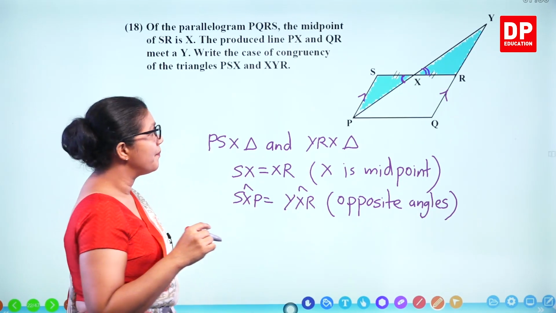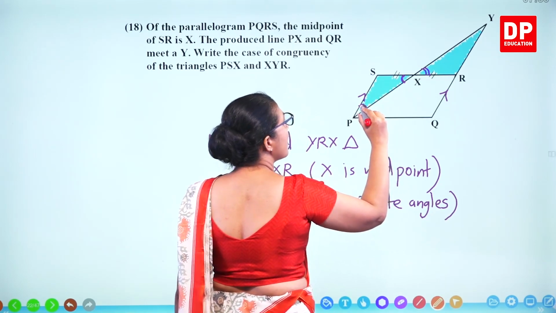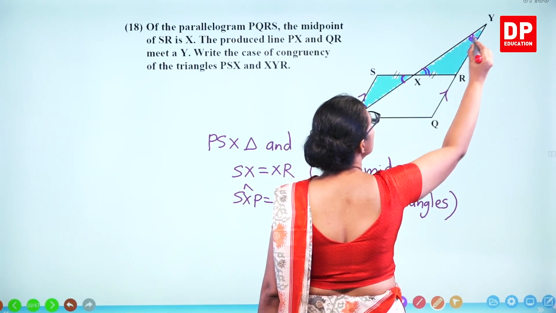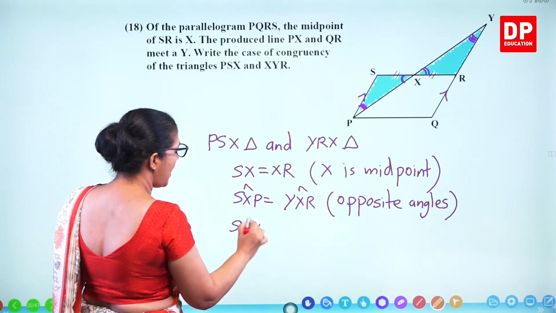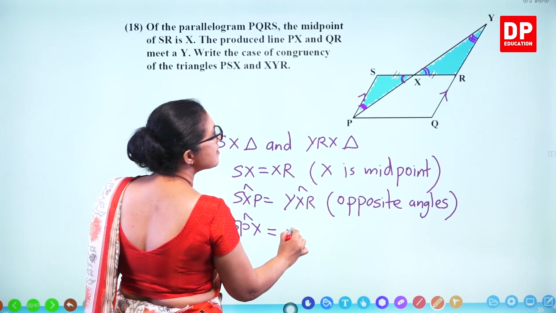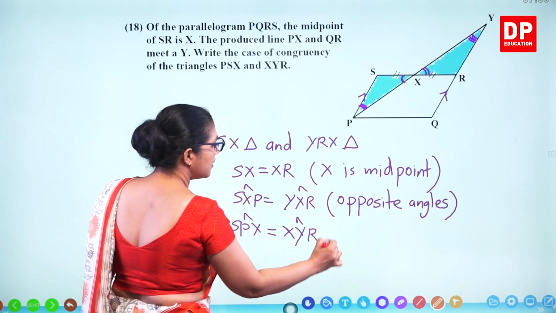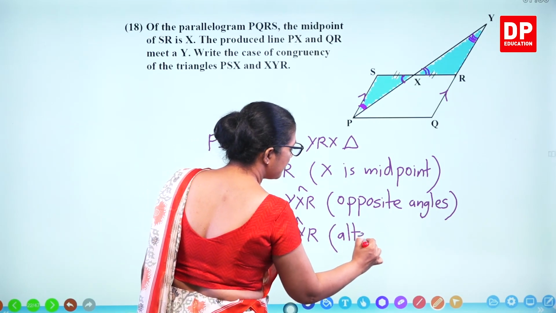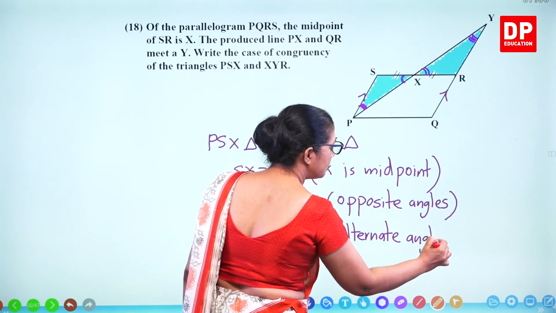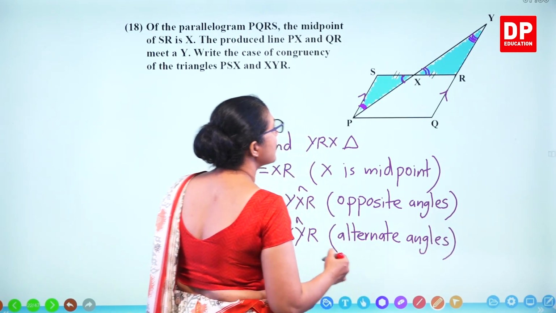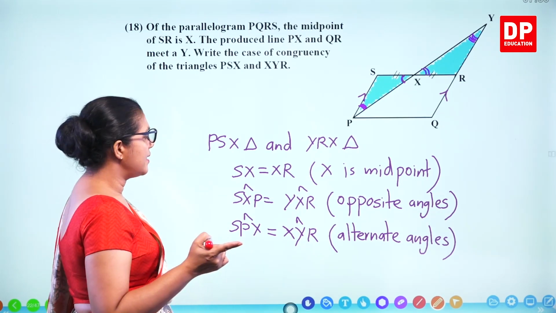PQRS is a parallelogram. So we can say this angle is equal to this angle. SPX angle is XYR angle. Alternate angles are equal. Two angles and one side equal.